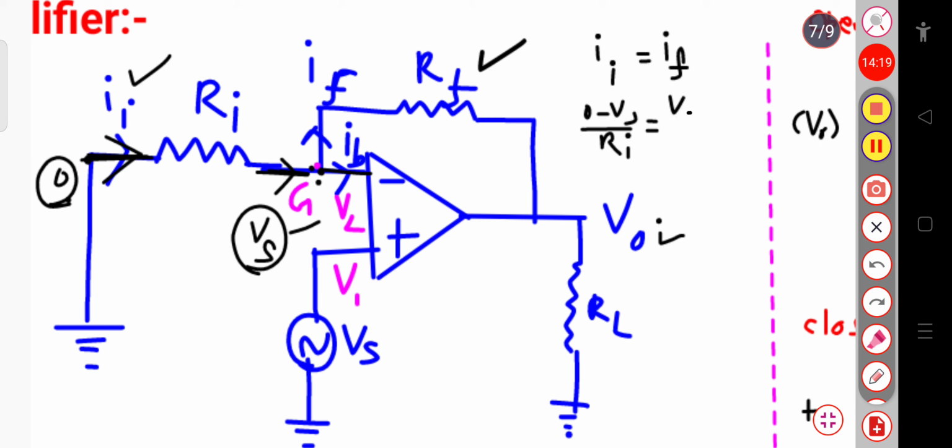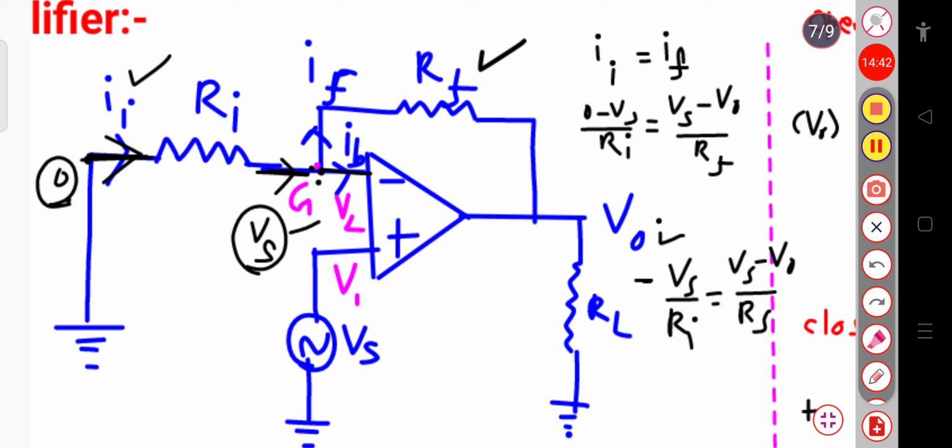Now if I take common the negative sign, this will be simply Vs by Ri, that is equal to (Vs minus Vo) divided by Rf.